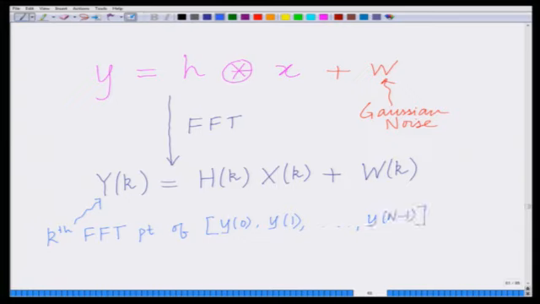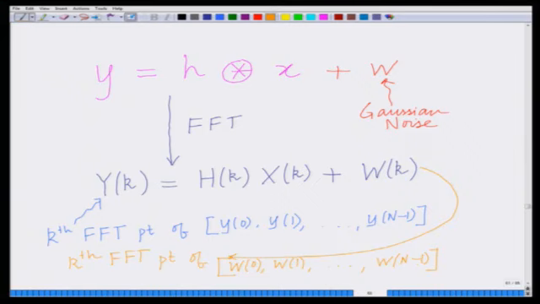Capital Wk is the kth FFT point of the noise samples small w0, small w1, up to small w of n minus 1.